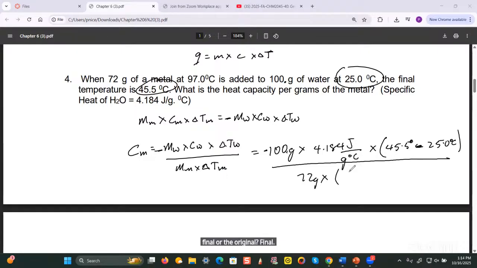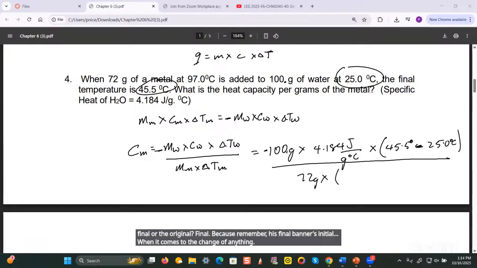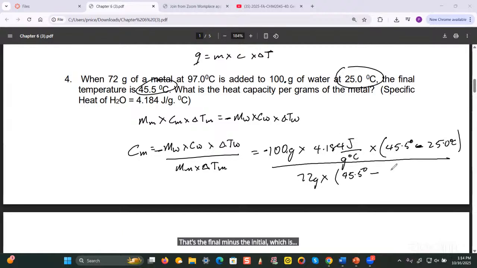Because remember, it's final minus initial when it comes to the change of anything, including temperature, right? So it's 45.5 degrees Celsius, that's the final, minus the initial, which is 97.0 degrees Celsius. And that's it. So let's work out what's within the parentheses first.